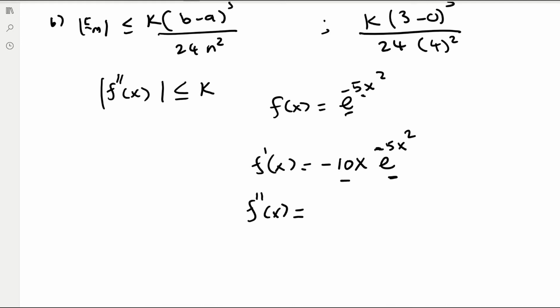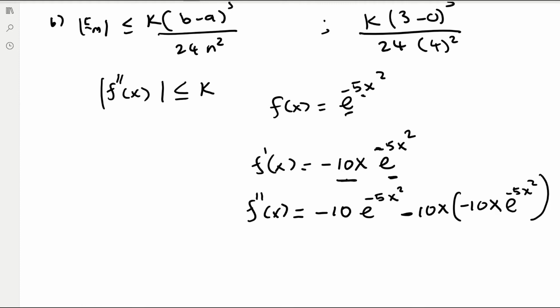First differentiate negative 10x, so that's negative 10, and keep e to the negative 5x squared unchanged. Then plus, keep negative 10x unchanged and differentiate e to the negative 5x squared, which gives negative 10x times e to the negative 5x squared. So this is negative 10 e to the negative 5x squared plus 100x squared e to the negative 5x squared. So this is the second derivative.